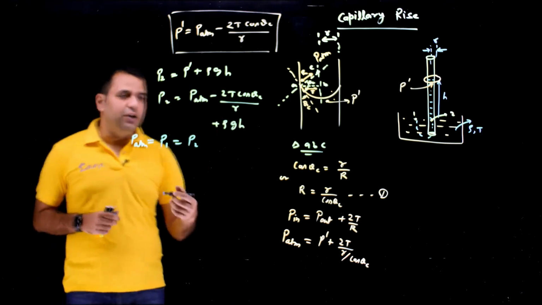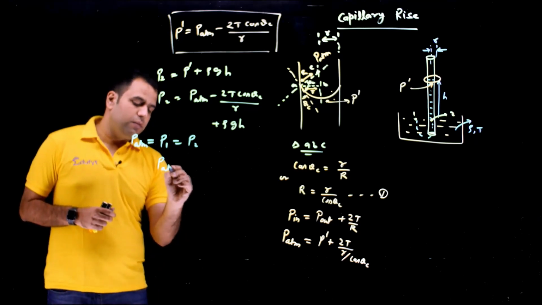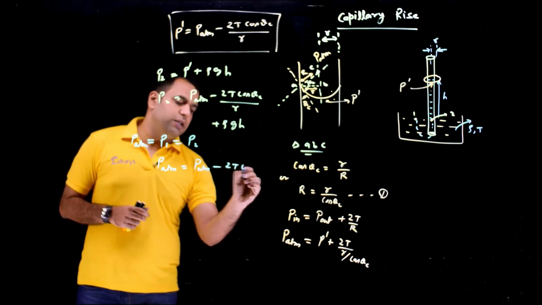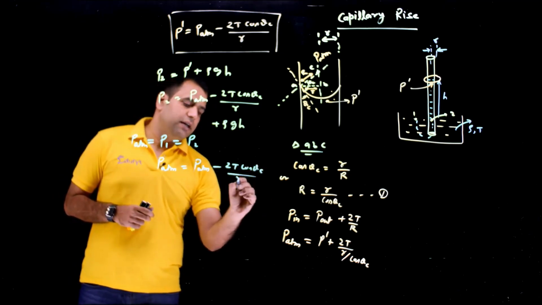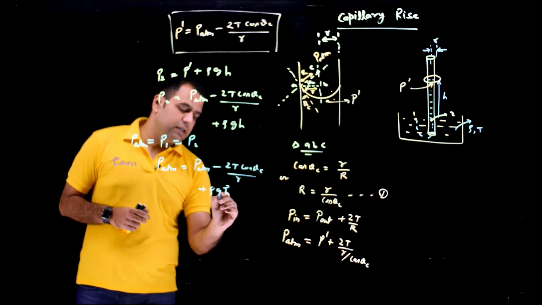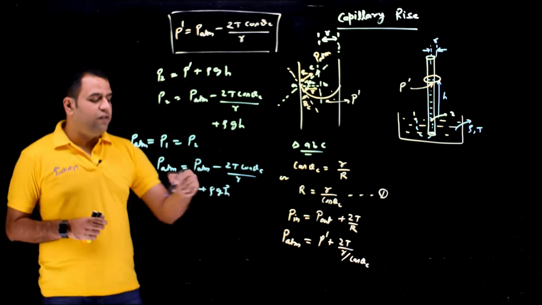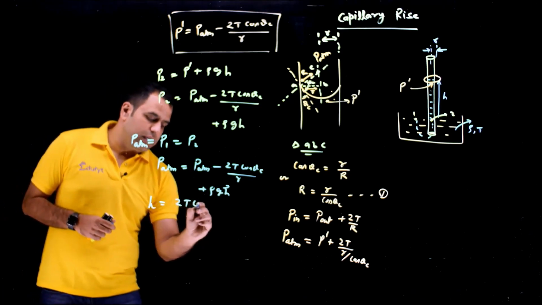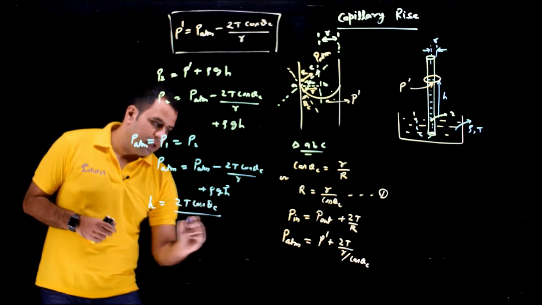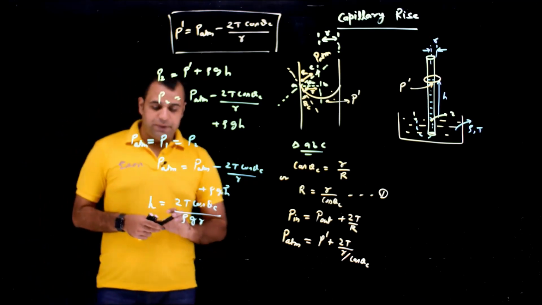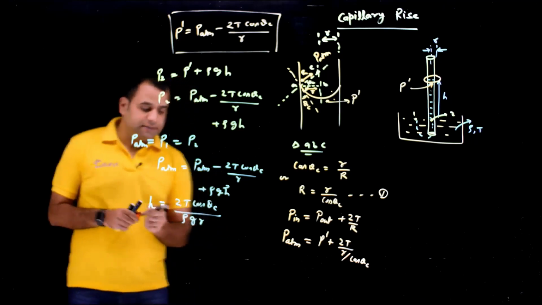So if we put the value, then P atm is equal to P atm minus 2T cos theta c upon small r plus rho g h. If we rearrange this equation, h will be equal to 2T cos theta c upon rho g r. That's the height we are getting.